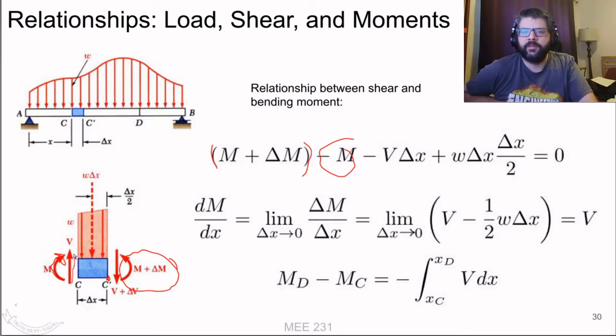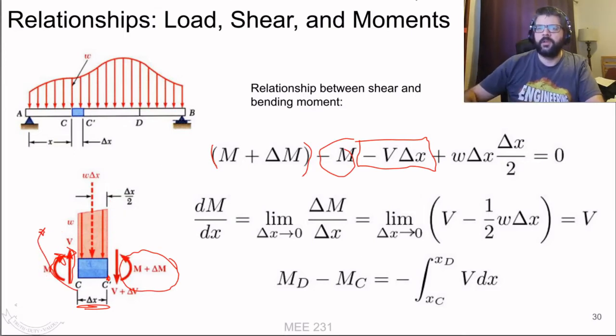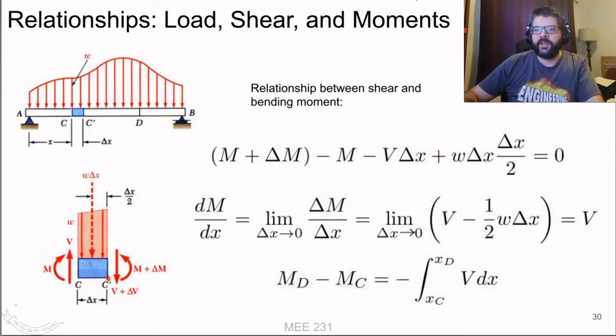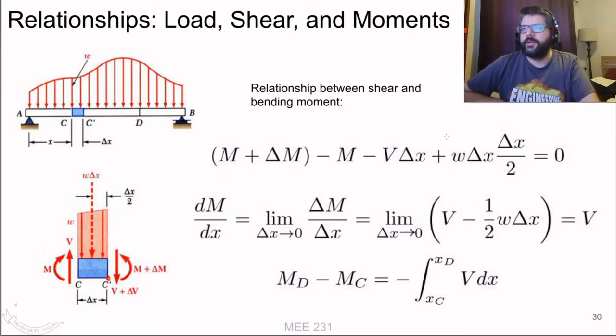I've got V crossed with the delta x, and that's a negative because from here to here that'll cause rotation about that axis. And then we are also going to have the force caused by the distributed load.